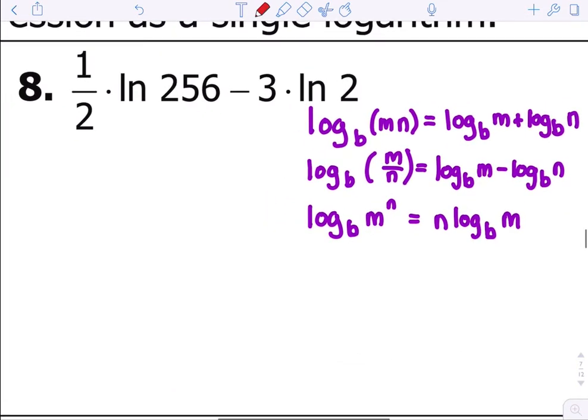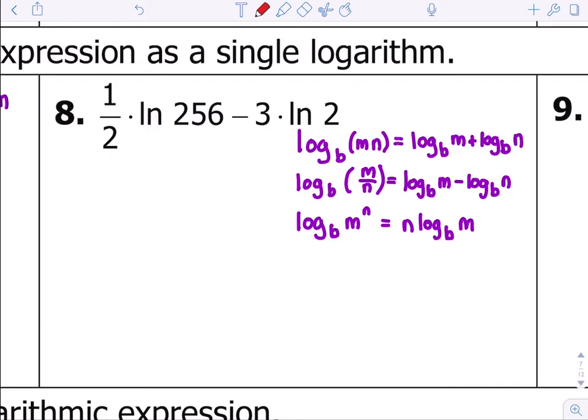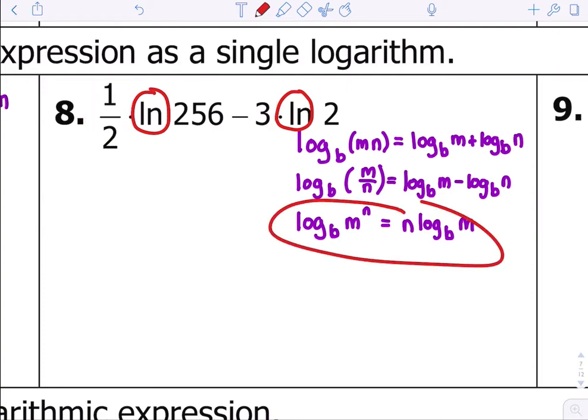All right, number 8. Here's a natural log, here's a natural log. So we need to get these coefficients to not be in the front. So we're going to use the power rule right here. So let's put both of the coefficients as powers.